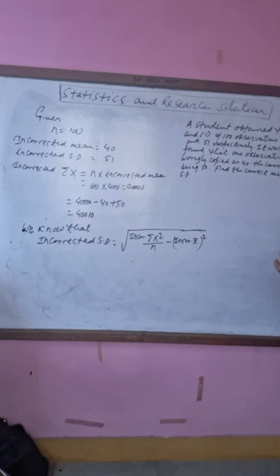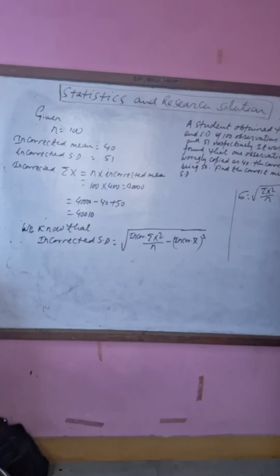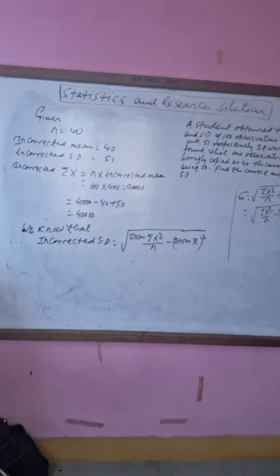Just write this. You know the formula of standard deviation: sigma is equal to the square root of summation x square upon n minus summation x upon n whole square. Here, summation x upon n is the mean, so we can write summation x square upon n minus mean whole square.